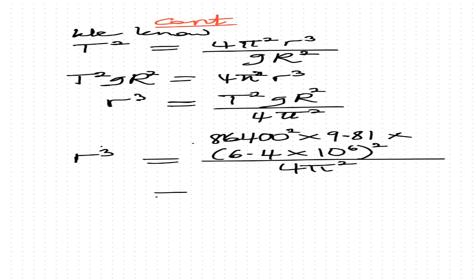We enter everything on the calculator, and it gives us a value times 10 exponent 22.